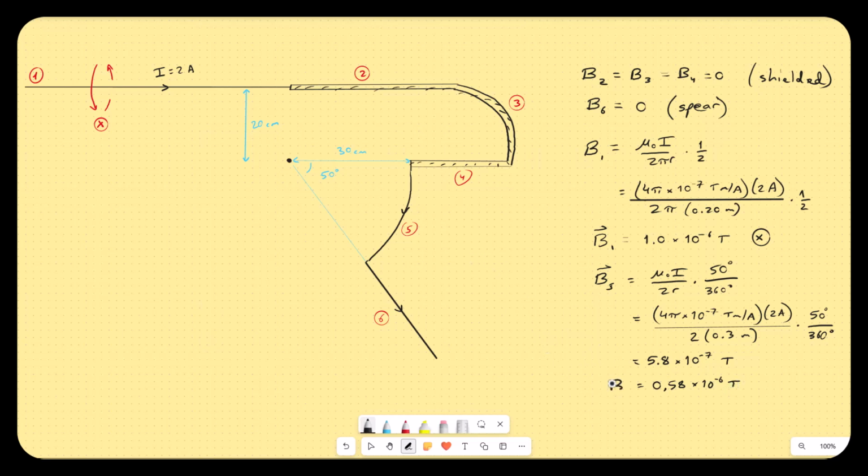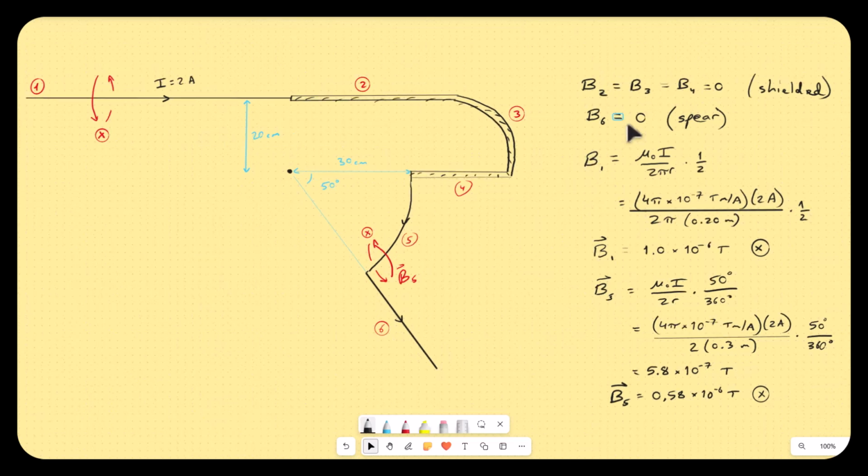That field points, I'm going to grab onto wire 5 with my right hand, my thumb pointing in the direction of the current, and when I do, I get a magnetic field that does this, which means up here I get a field that points into the screen. So that points into the screen. Now I have all of my contributions, right? 1, 2, 3, 4, 5, 6.